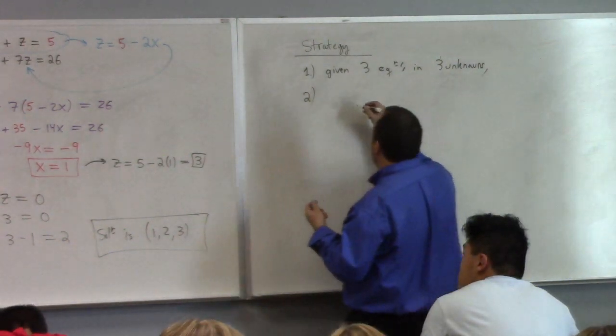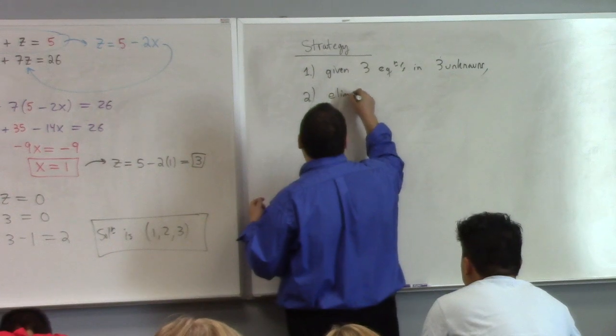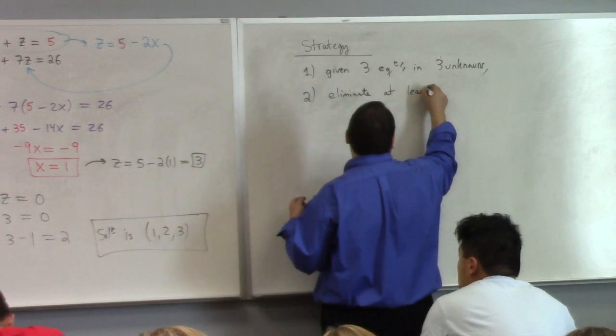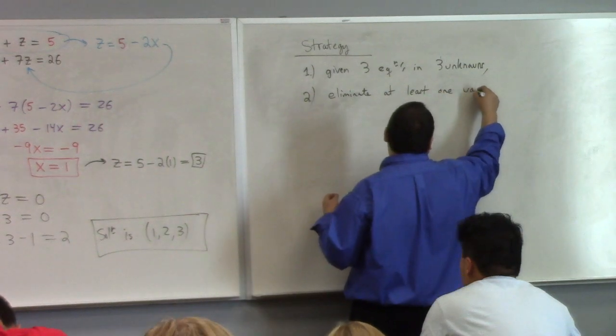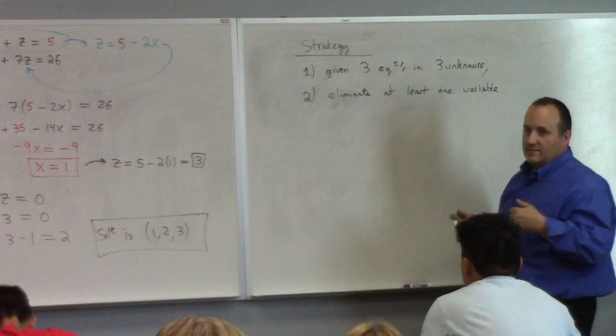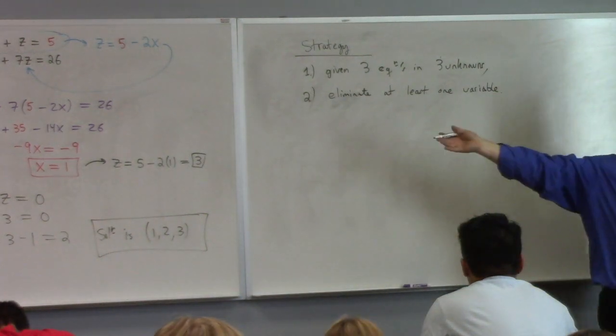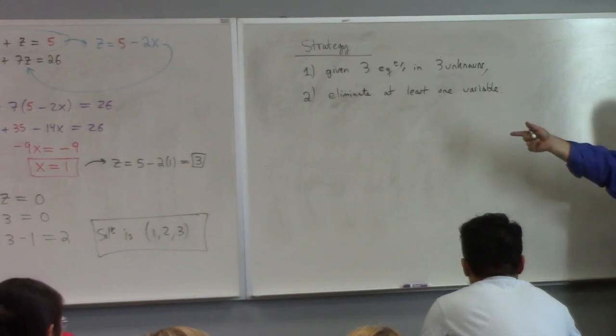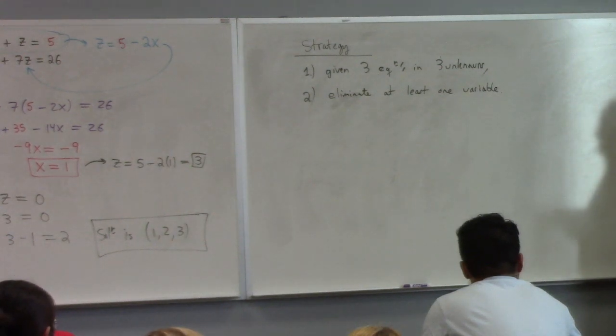So step number 2, eliminate at least one variable. If it's like the second example for today, yay, we've already eliminated 2 variables. That was wonderful. But usually that doesn't happen, like my third example.